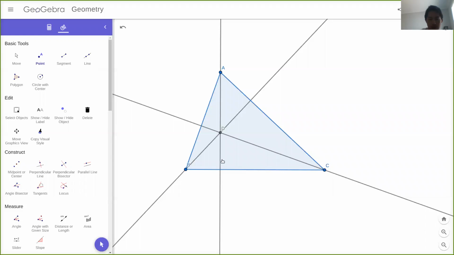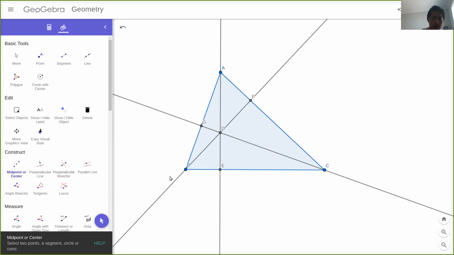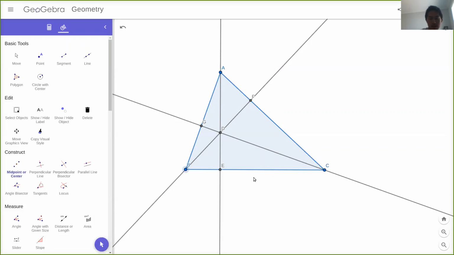And then let's also mark these 3 points. And just for fun, let's also mark some midpoints.